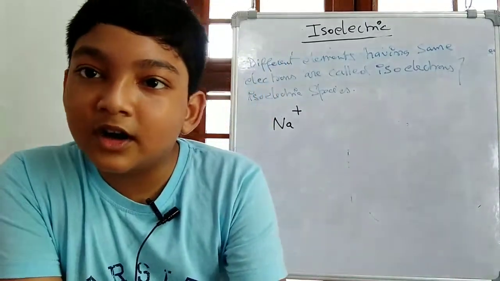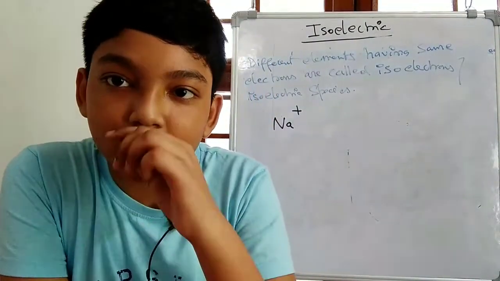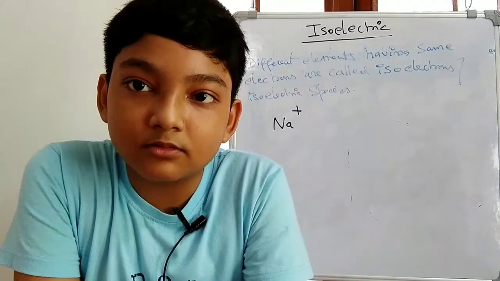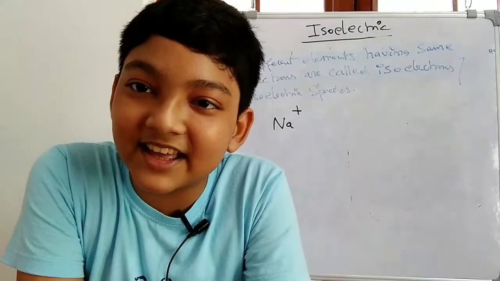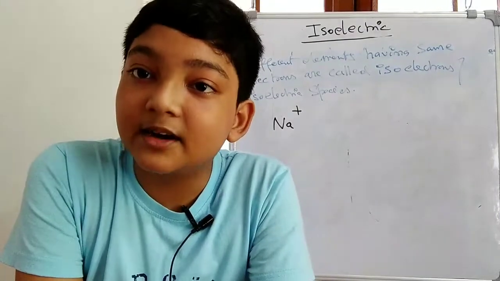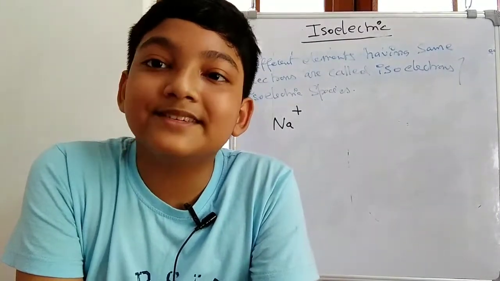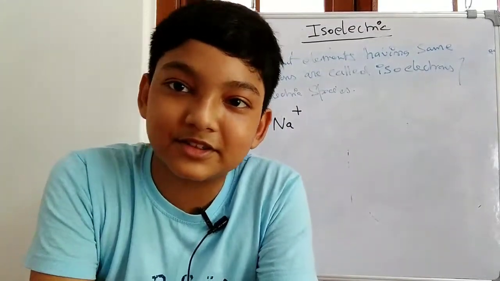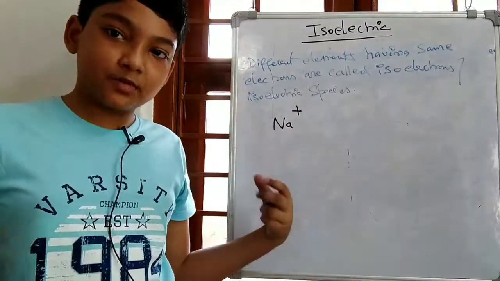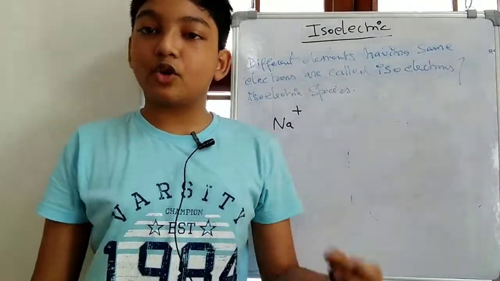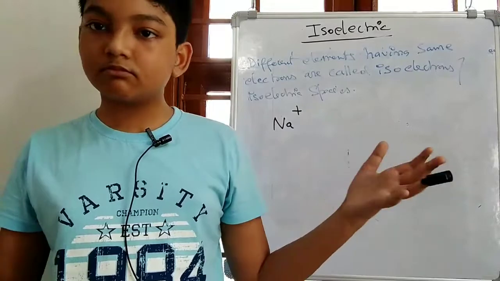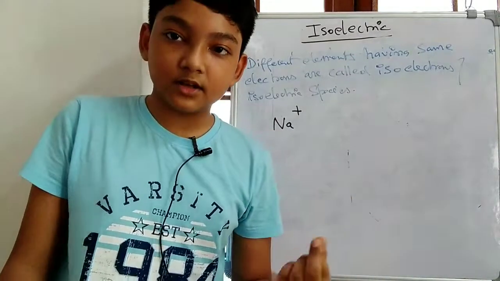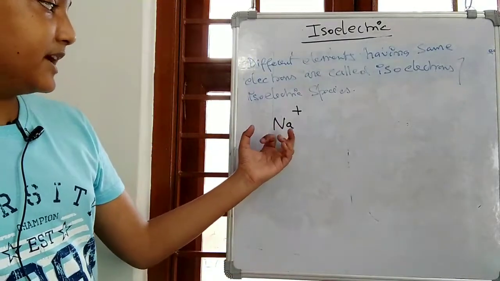And in our previous videos I have taught you about the inert gases like helium, neon, argon, krypton, and xenon, which have their configuration as this, or their shells have an octet.